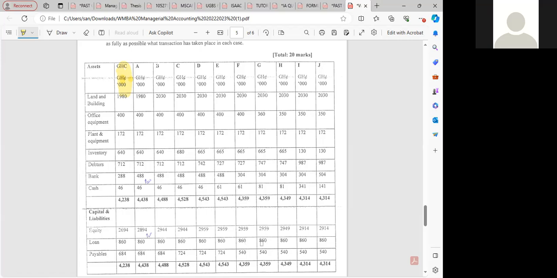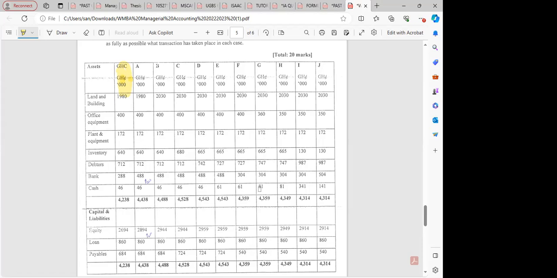Loan is the same. Payable is the same. Right. So where do we have the effect? We have the effect on three items. Office equipment goes down by 40. Debtors increase by 20. Your cash increased by 20.